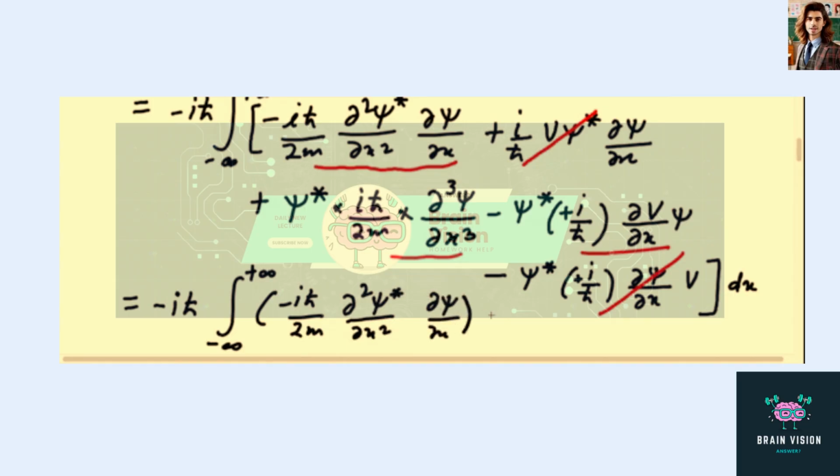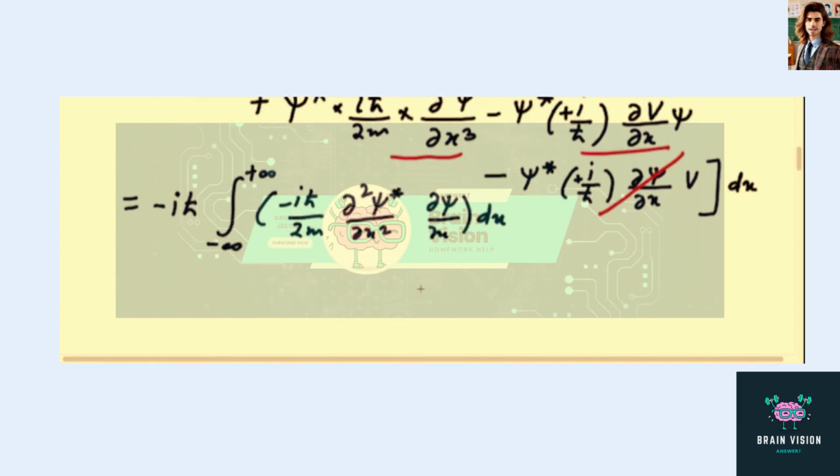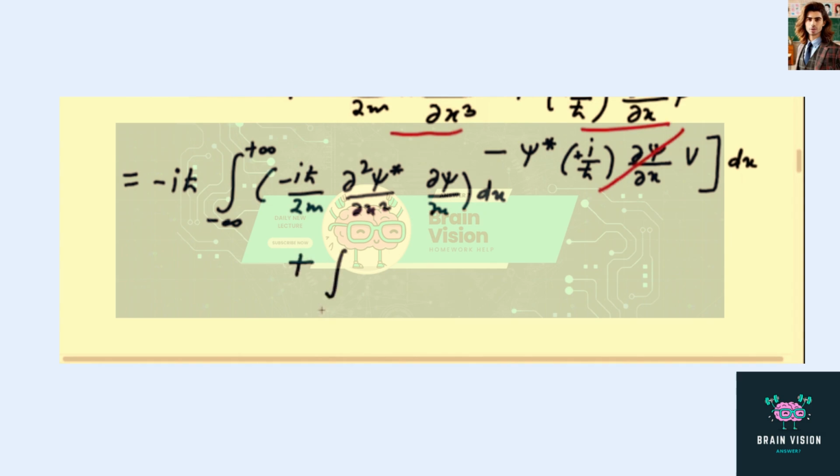Let's suppose this is the first integration, plus this part, iħ/2m ψ*∂³ψ/∂x³ minus i/ħ ∂V/∂x ψ* ψ dx.